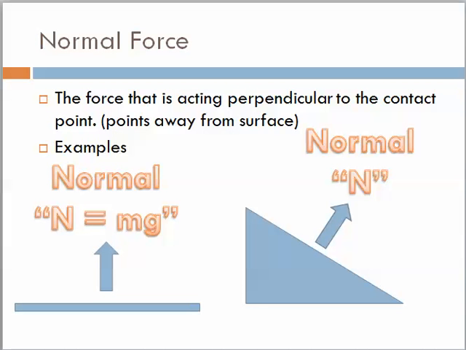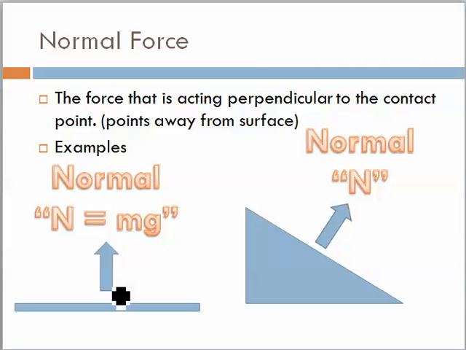The normal force is the force that is acting perpendicular to the contact point. It points away from the surface. So what I want you to understand here is that the normal, as we've said, acts perpendicular. Waiting for my pins here to click on. We're dealing with a little bit of slow computer here this morning. There we go.